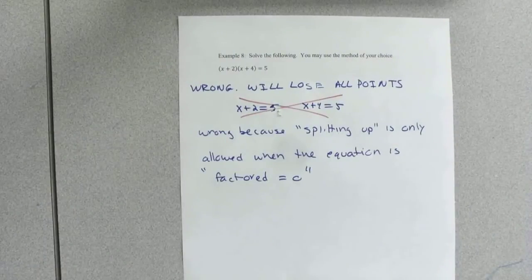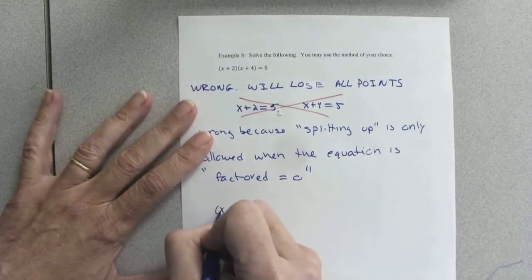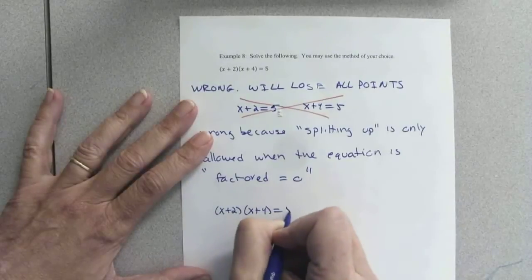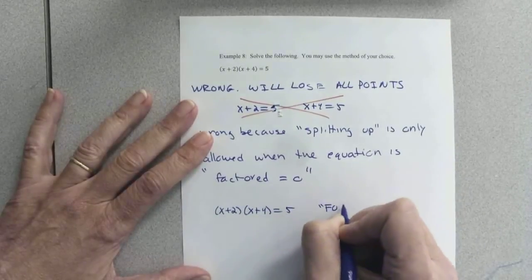We got it factored, but it's not equal to 0. So you just absolutely can't do that. So instead, we're going to FOIL that first.